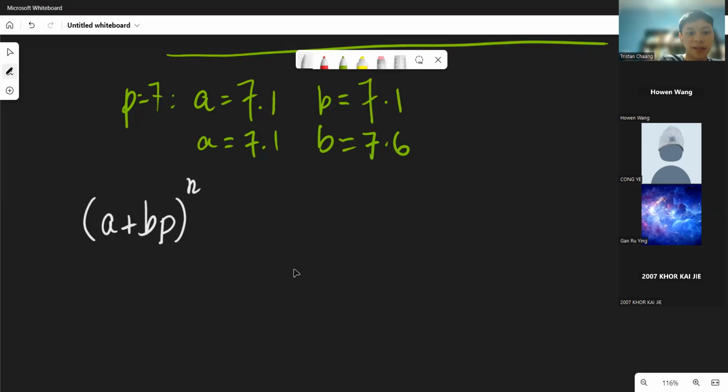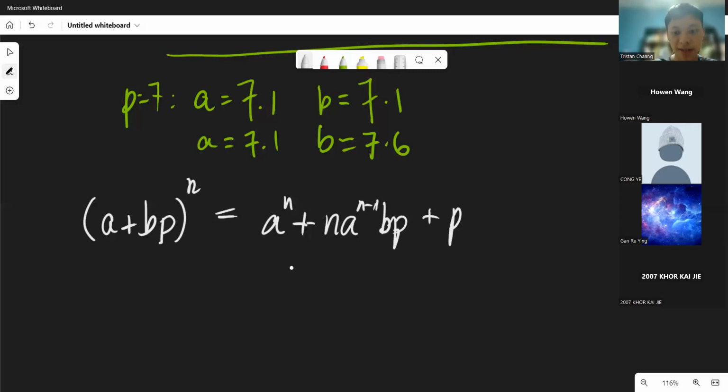Yeah, exactly. So if you expand this using the binomial theorem, you get the first few terms: a to the n plus the next term, which is also easy, n times a to the n minus 1 times bp. But the terms afterwards, the exponent of p will keep going larger and larger. And from the next term onwards, they're all p squared and above, right?